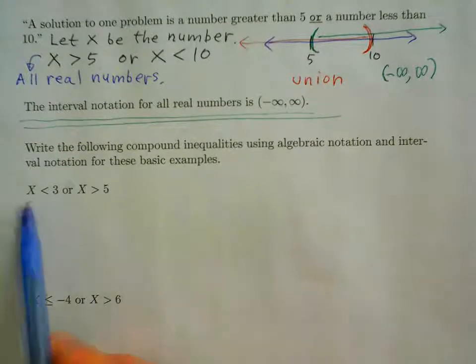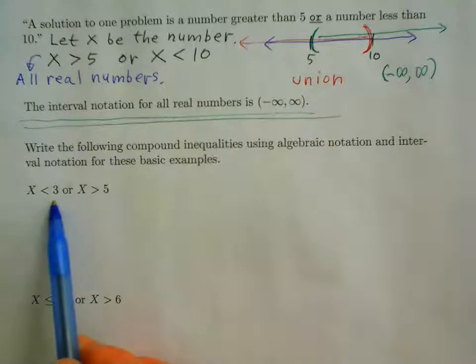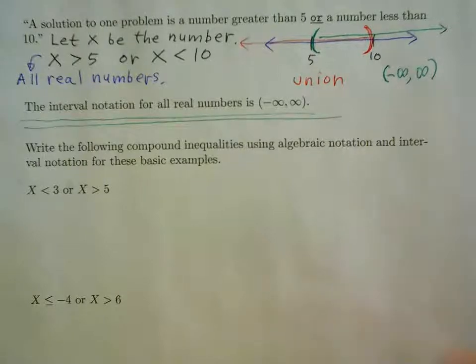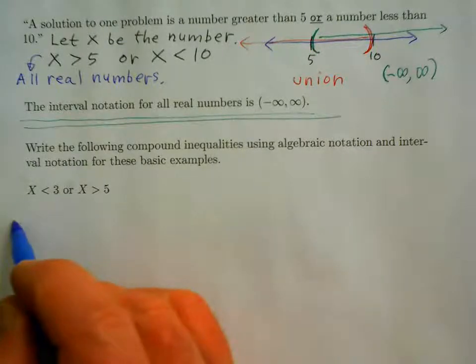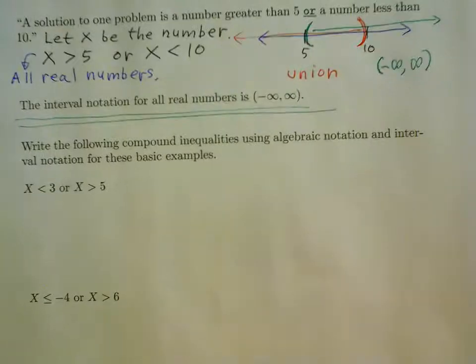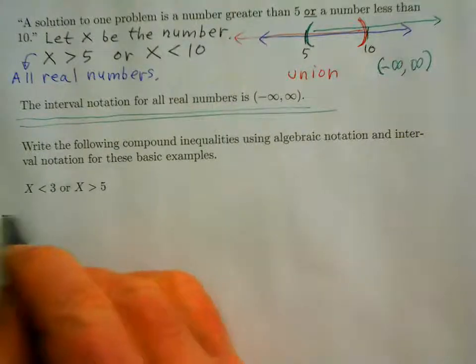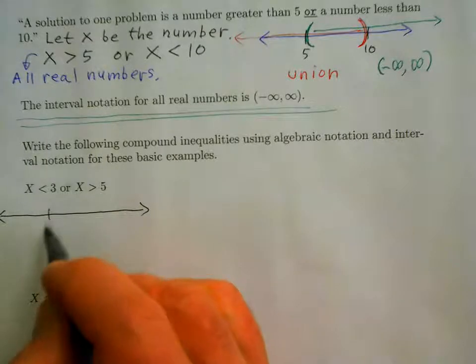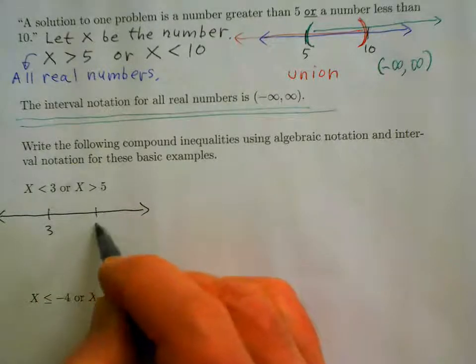Okay, if a number x is less than 3 or x is greater than 5, well, we should know how to graph these. So let's draw a number line and plot the numbers 3 and 5.